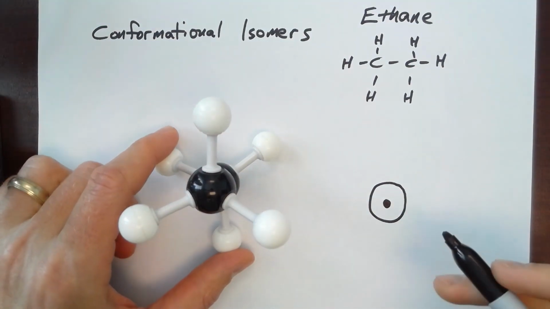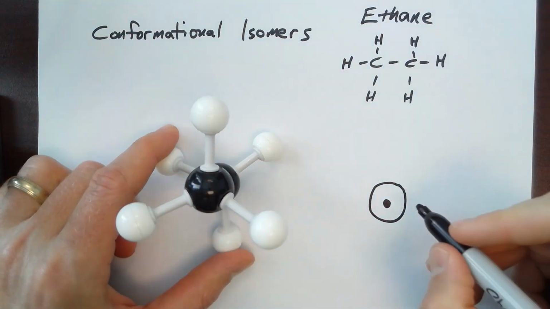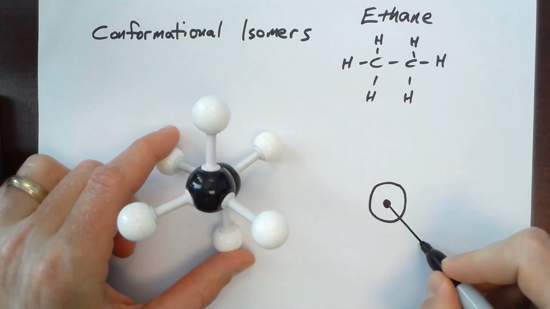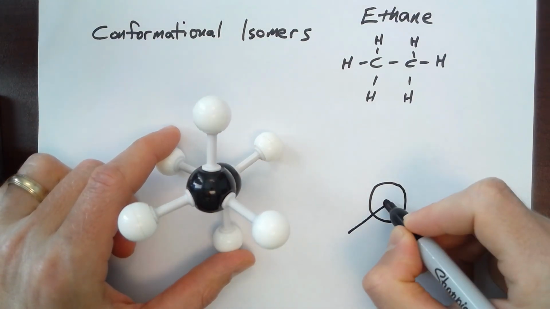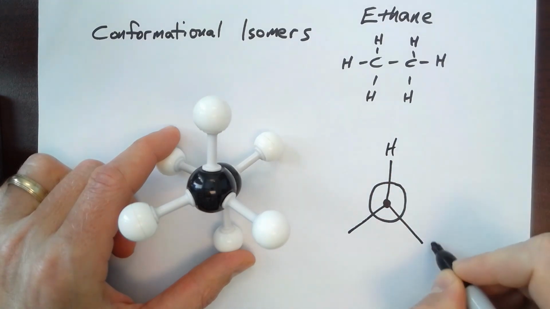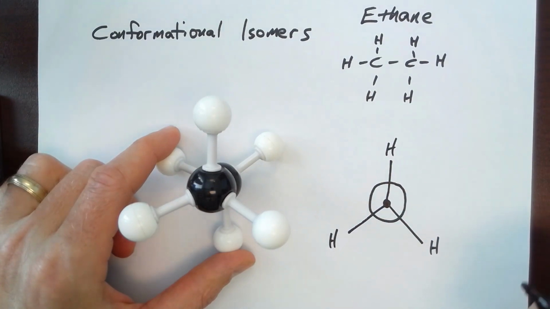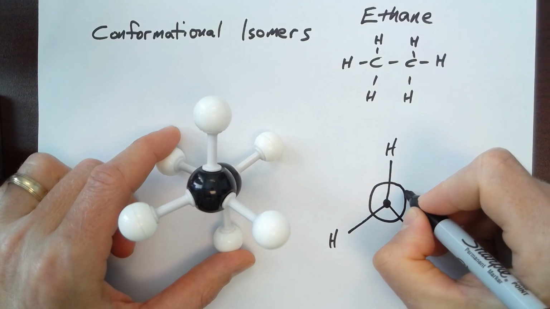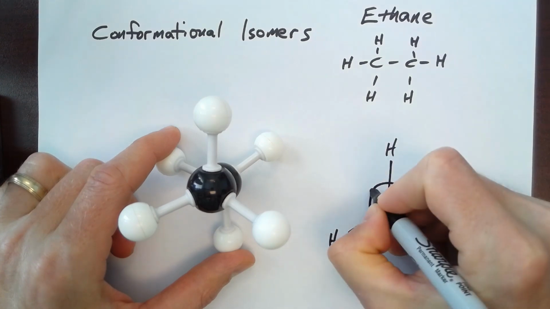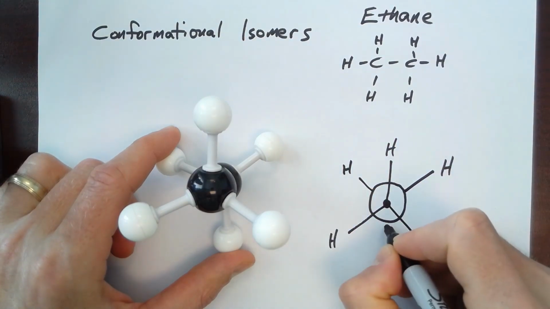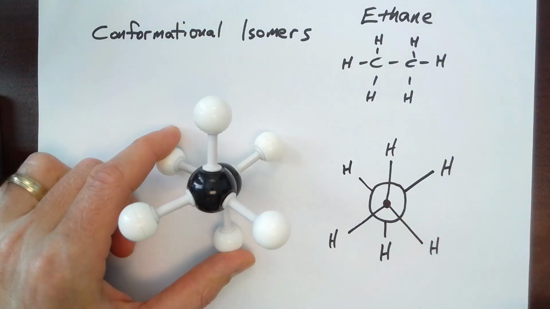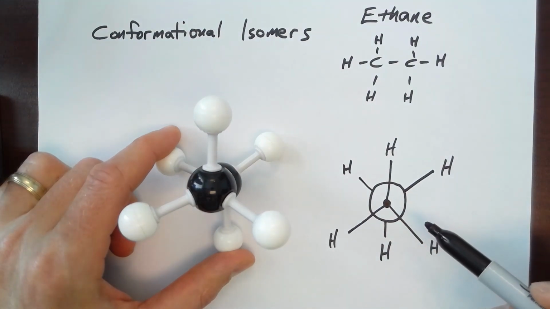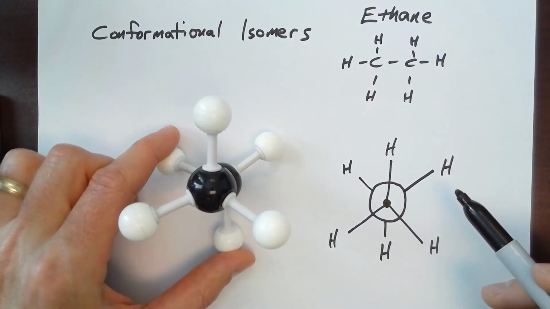And then we show the angles of the substituents that are coming off of those. For this front carbon, I've got 3 hydrogens coming off in these directions. And then on the back carbon, I have hydrogens coming off in those directions. So this shows the Newman projection for staggered ethane.